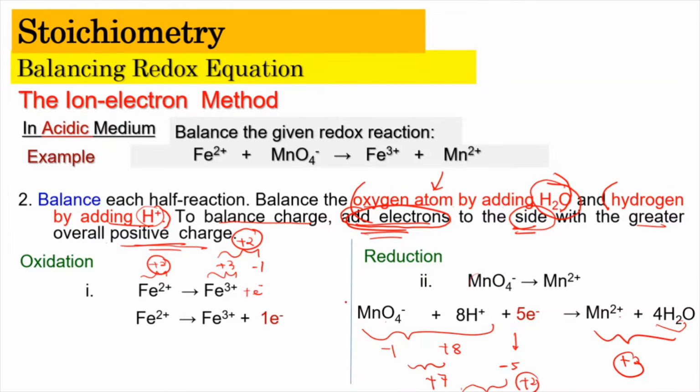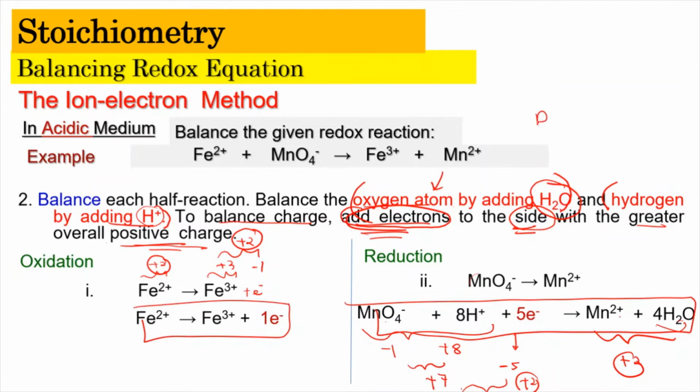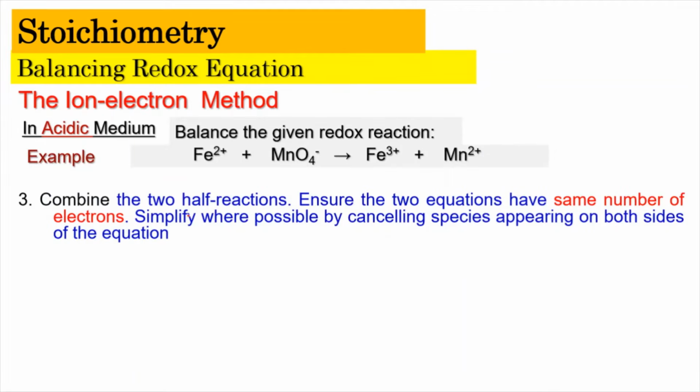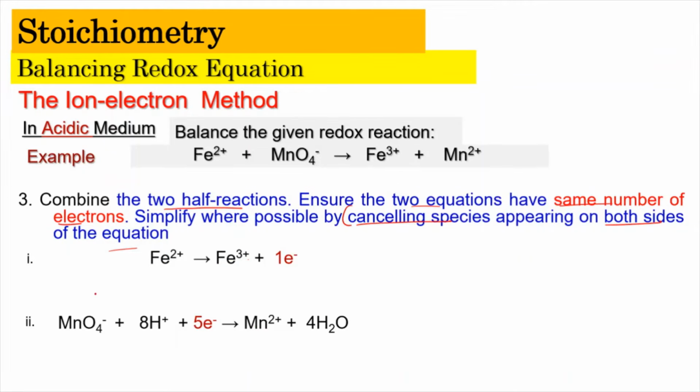Now we're going to take this equation as well as this equation, and go to the next step, which is combine. We need to combine the two half reactions, and we need to ensure that the two equations have the same number of electrons. We have to simplify where possible by cancelling species appearing on both sides of the equation. So this is from the previous step. We have 1 and 2 here, but we need to ensure they have the same number of electrons. We have 1 electron here, but in the second half equation we have 5.